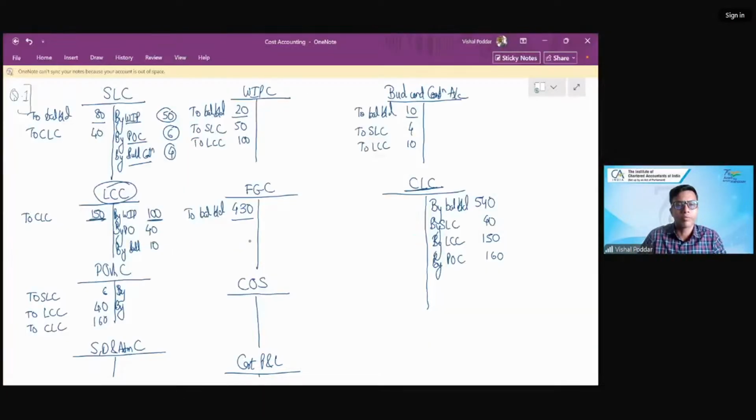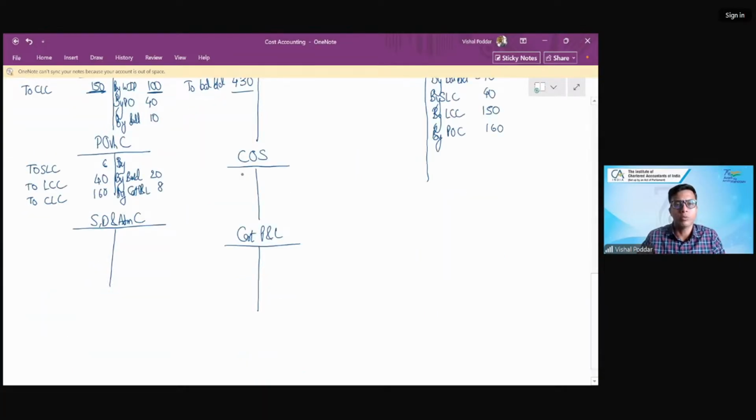So by building, 20, and by cost P&L, for that under absorption, 8. So to POC 20, and in cost P&L, to POC 8. Yes, correct, Tejaswin.